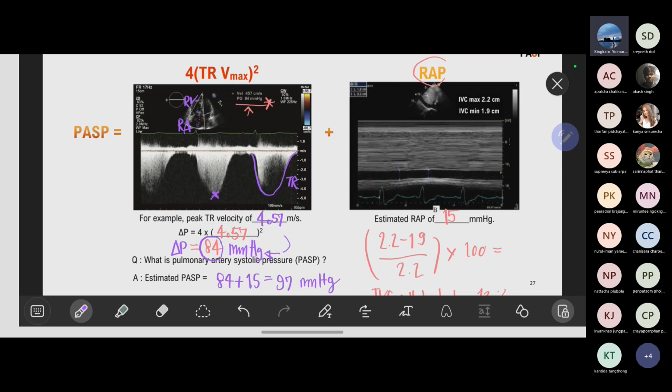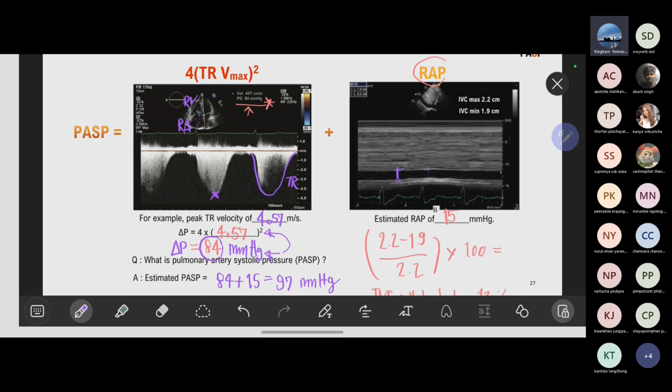This is calculated from the Bernoulli equation. And second, you have to estimate right atrial pressure, which is estimated from IVC size and collapsibility.